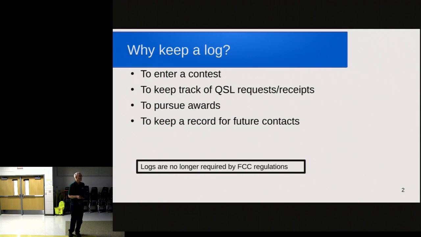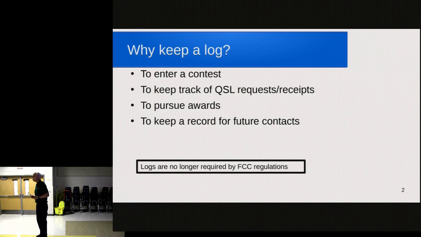So that's one use. Okay, another word that may be unfamiliar to new folks, it says to keep track of QSL requests and receipts. Well, what's a QSL? A QSL is a confirmation of an amateur radio contact, and it can take two forms.